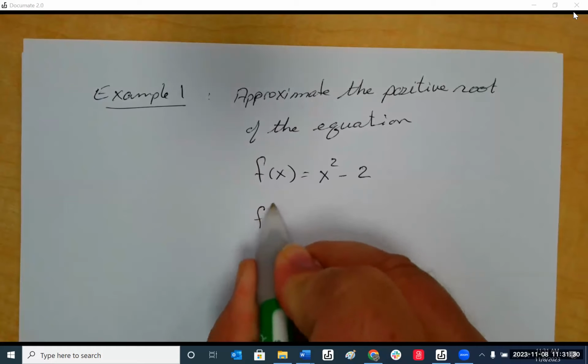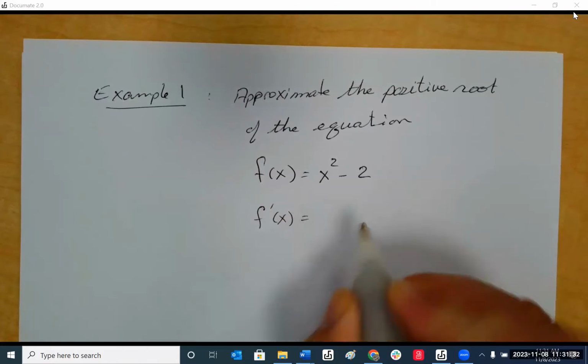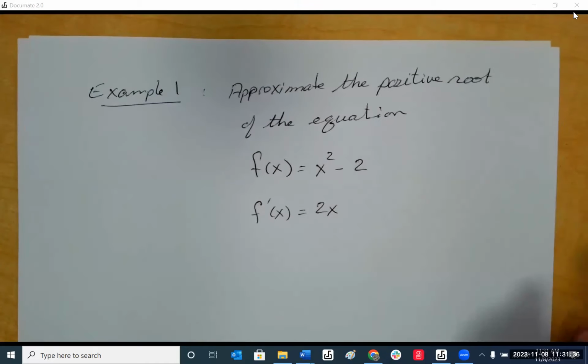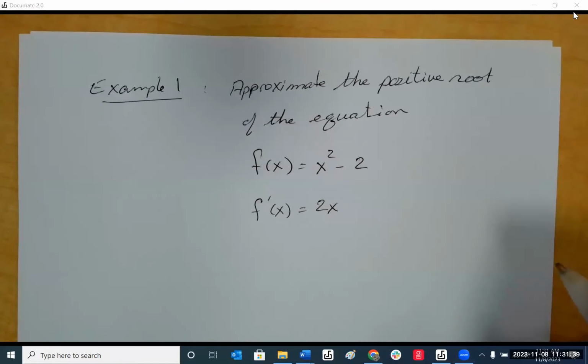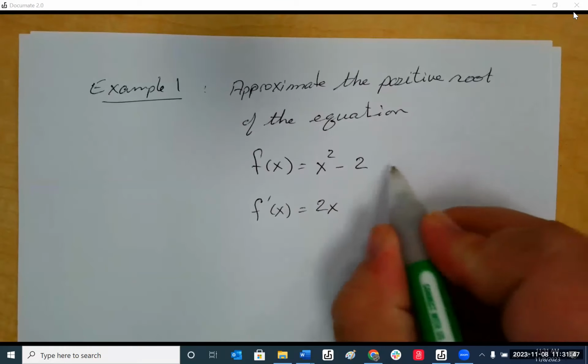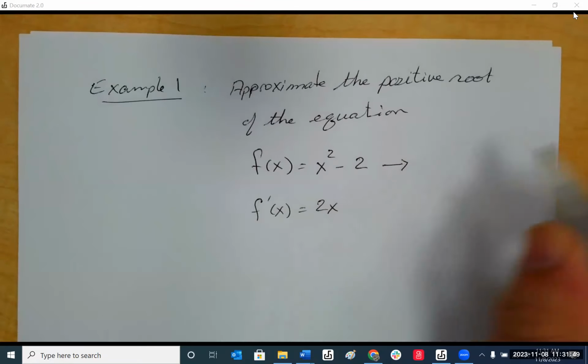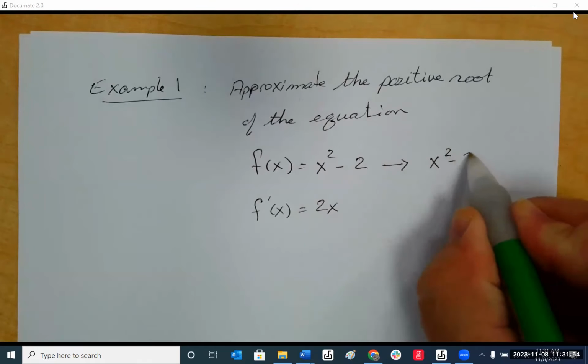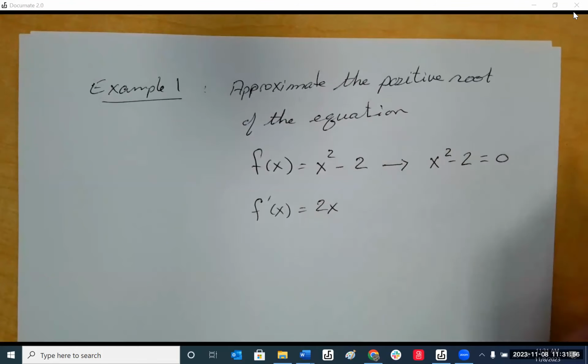Okay, so our first derivative of this will be 2x. And we'll set our original function to 0.